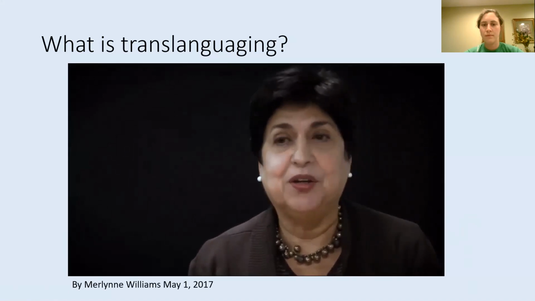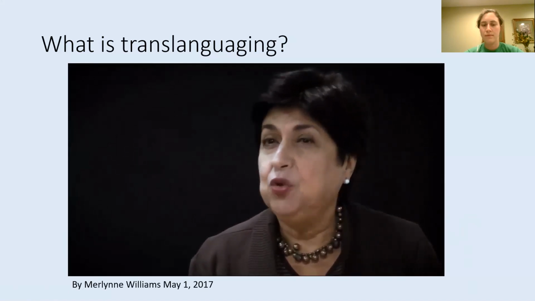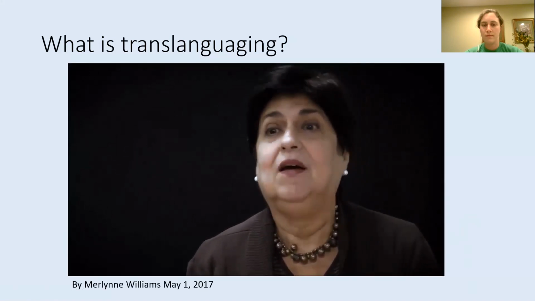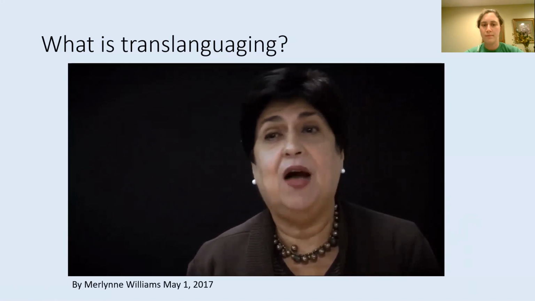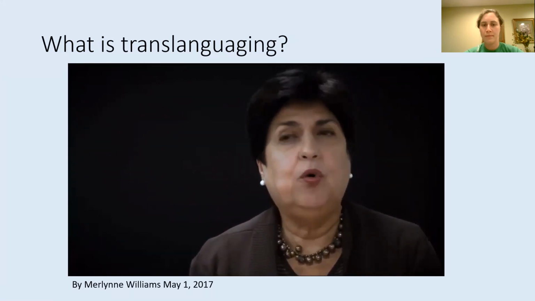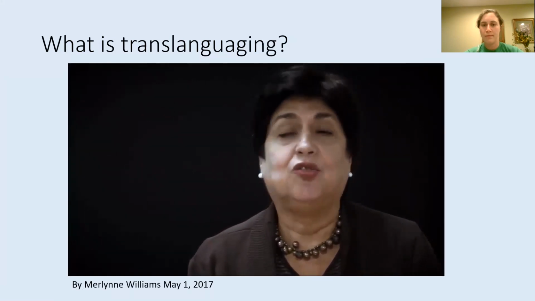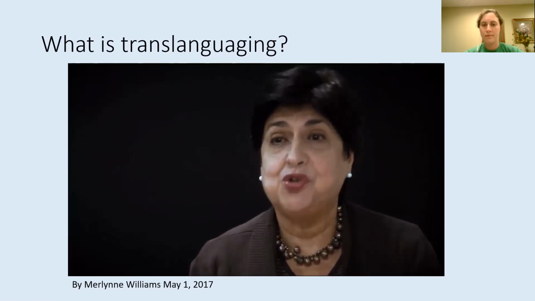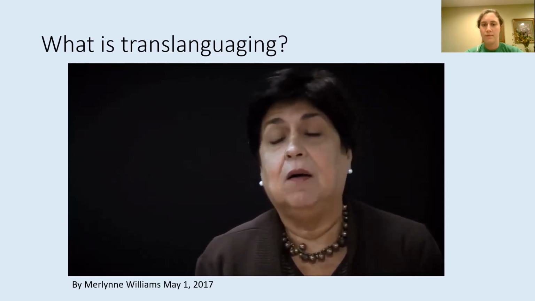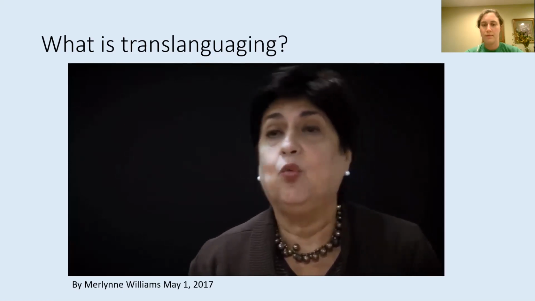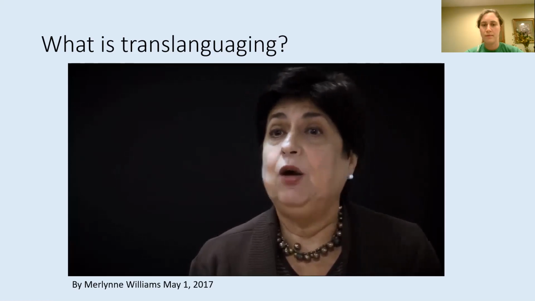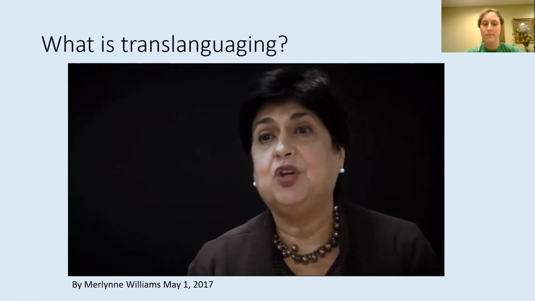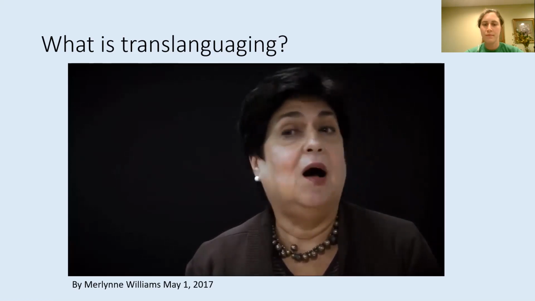What is translanguaging? So translanguaging is the use of the children's full linguistic repertoire to make meaning without thinking of the fact that they have one language that is different from the other. So bilingual children have one language system with linguistic features that, of course, are associated with one language or the other, but they also learn to suppress certain features depending on the communicative situation in which they're at.